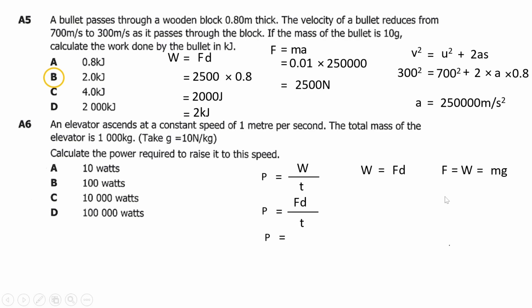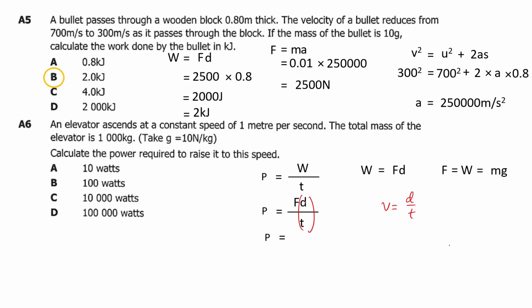So what we are going to do is to realize that if you factor out this, let me just do it properly here, the value d over t is the same as velocity, which is the distance over time.